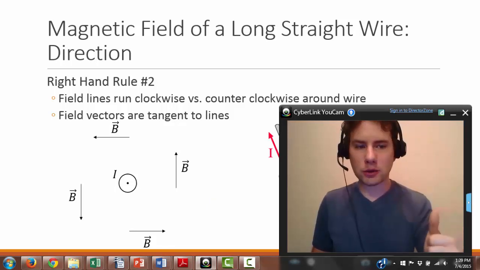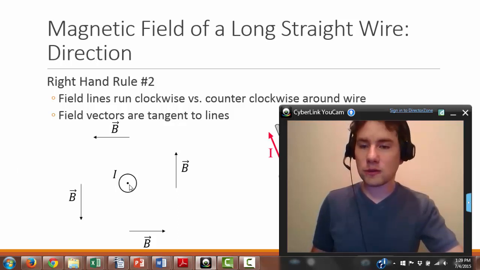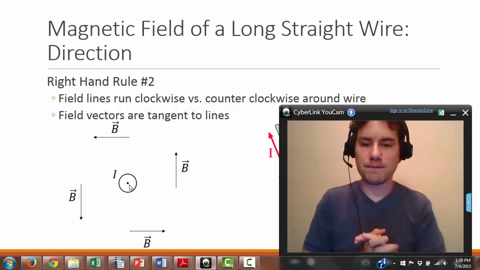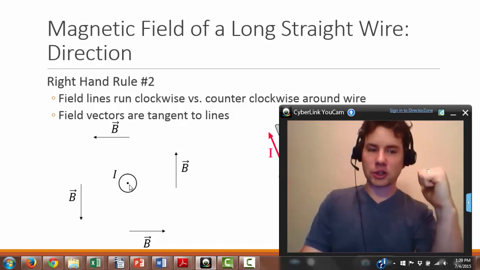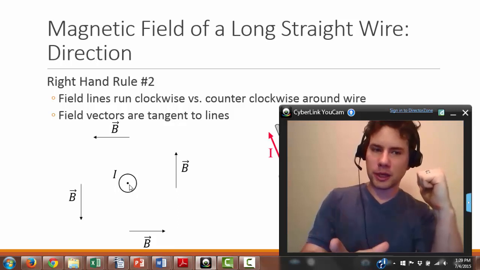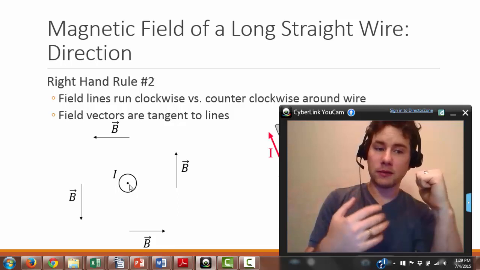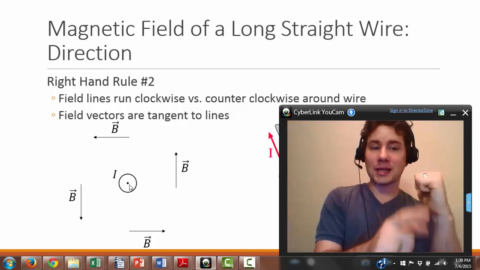Now here's how it goes. I first look at the current. Remember that this circle with a dot in the center means an arrow coming towards your face, or out of the page, or out of the slide, either way I describe it, which I'll show with my thumb going in that direction. Be a little careful, this webcam is going to take the perspective of looking at me from the perspective of the screen, but I'm going to move my hand in the direction that I actually see as out of the screen.